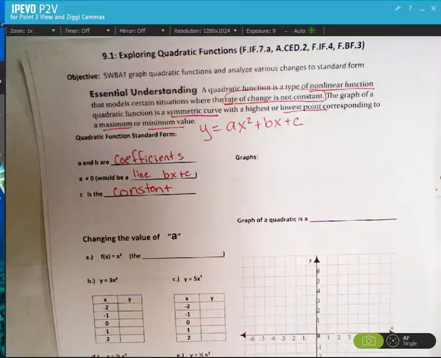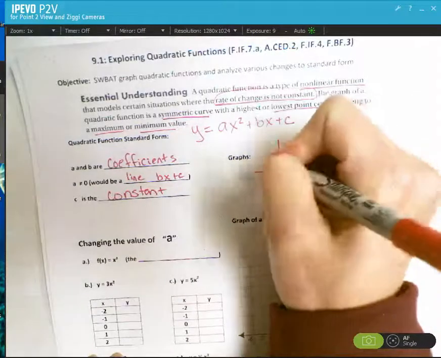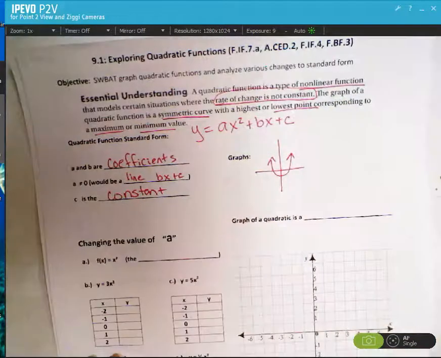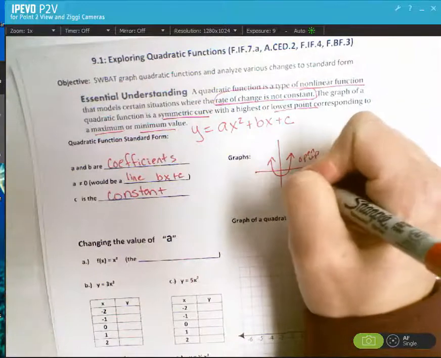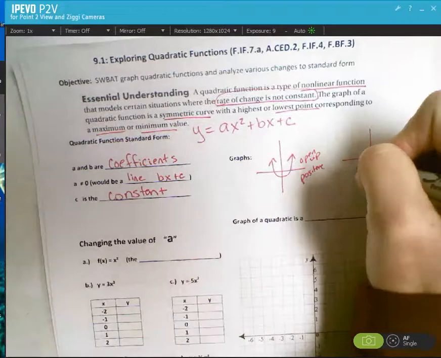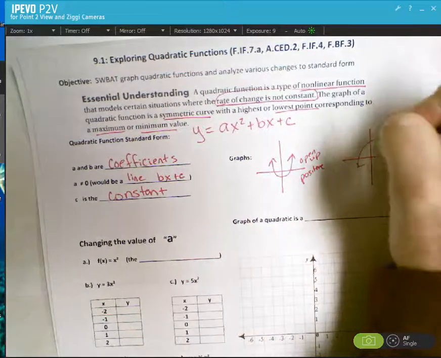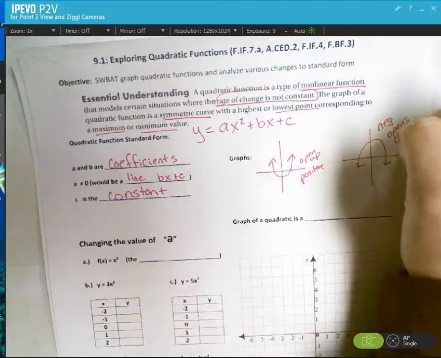Okay? There's a couple different looks for these graphs. You're going to have a positive quadratic function, so it's going to open up, and that one's positive. And you can also have a negative quadratic function. So this is negative and opens down.